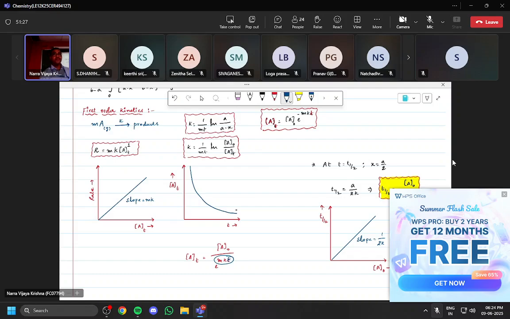With that graph only we started this chapter. A is nothing but the concentration of reactant. What happens to the concentration of reactant with time? It decreases exponentially. If it is zeroth order, it decreases linearly.